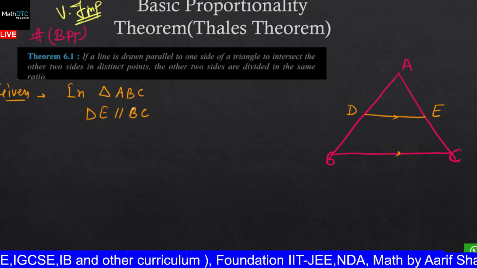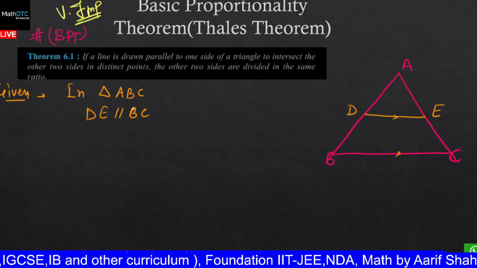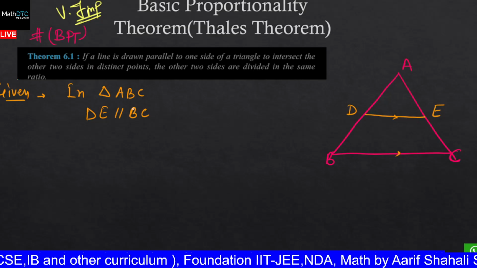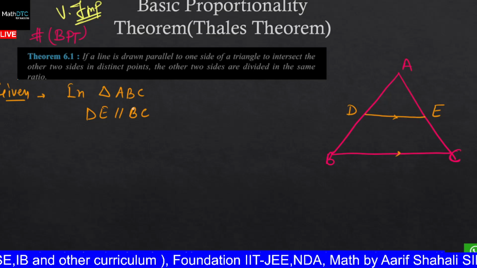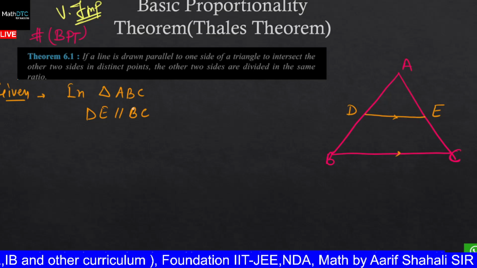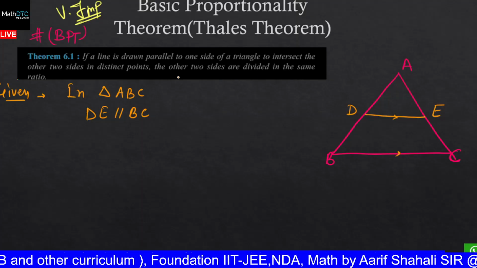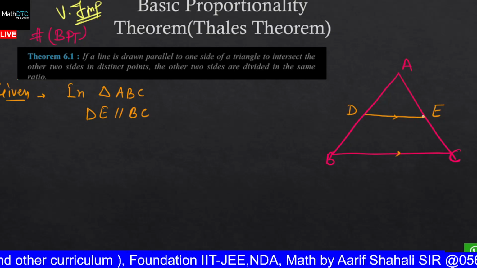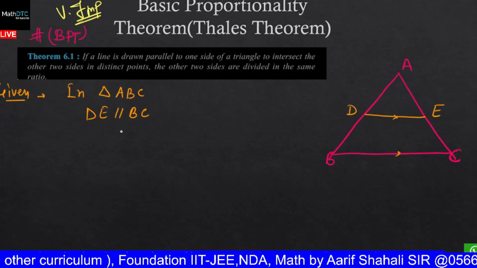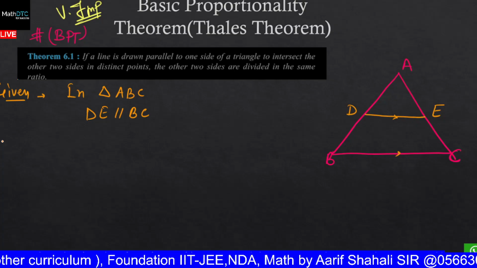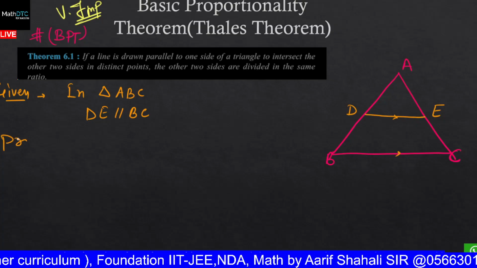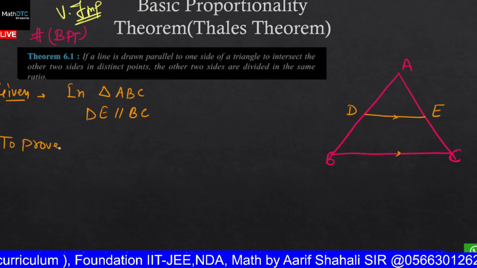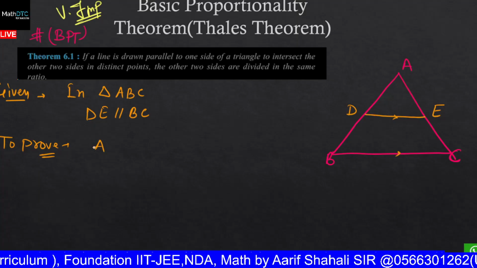According to the theorem, we have to draw a side DE which is parallel to one of the sides, to intersect the two sides at distinct points D and E. Now we need to prove the ratio of the sides.